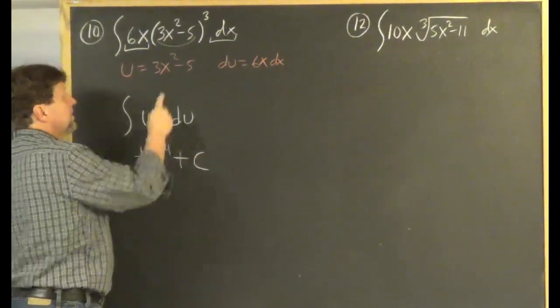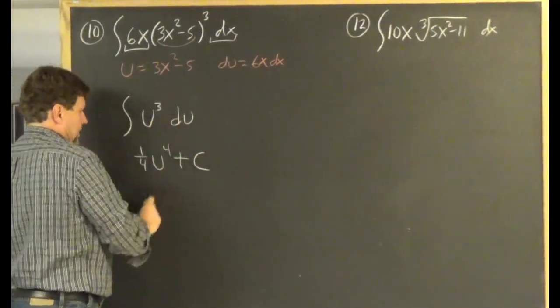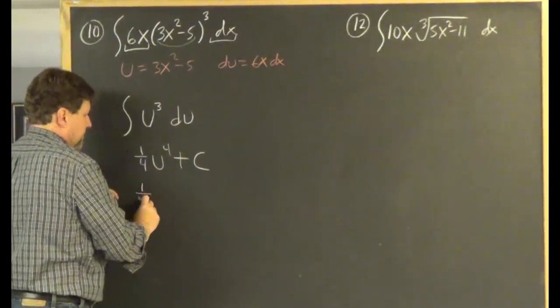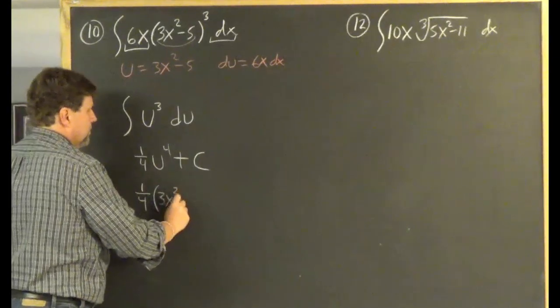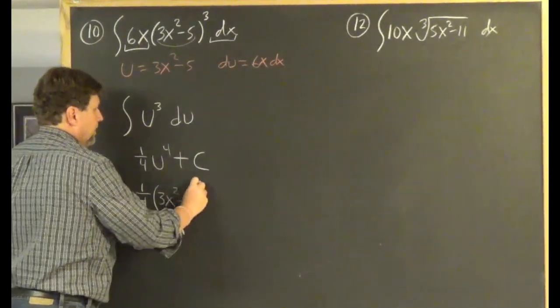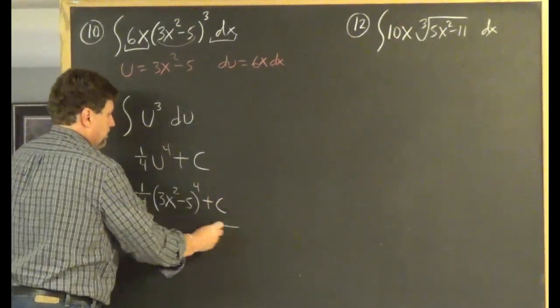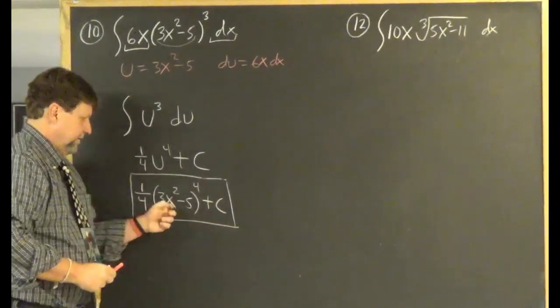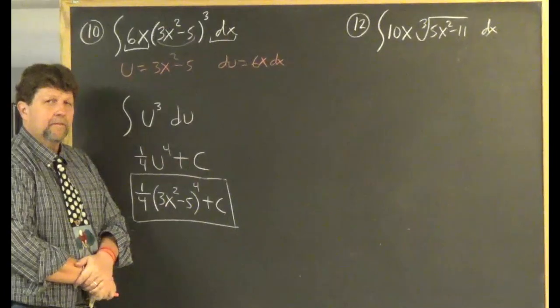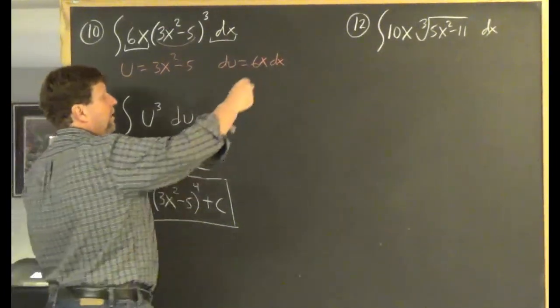Then resubstitute my u, and I get the antiderivative to be 1/4 3x squared minus 5 to the 4th power plus c. So that's the antiderivative.